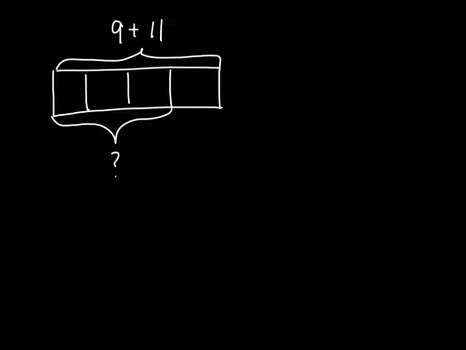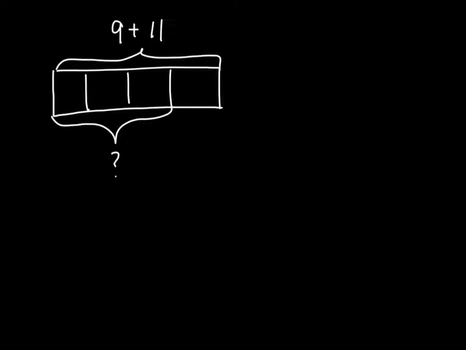We're going to start off with this tape diagram. Now, I have the whole. I'm trying to find out a part, but before I can do that, I realize I have a little math to do in order to find out what my whole is. So the first thing I'm going to have to do is add 9 plus 11.